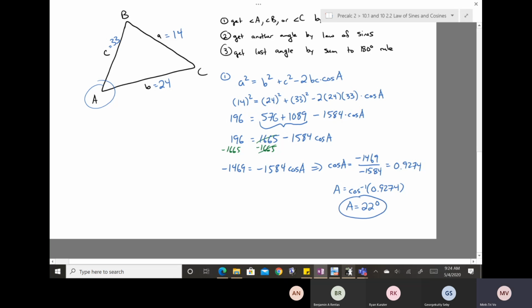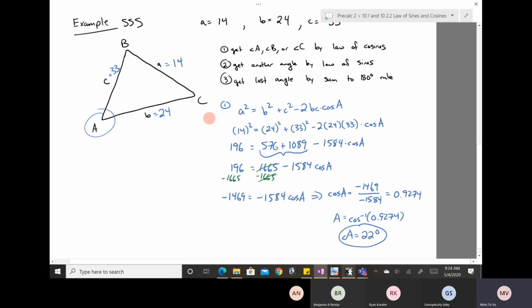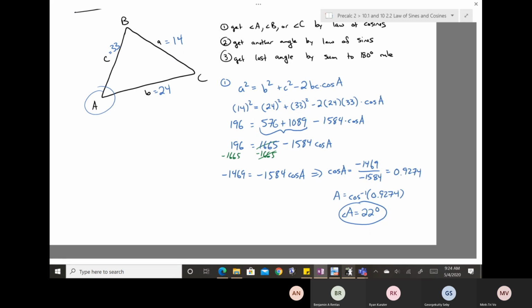Okay, so angle A is 22 degrees. And then now we need to figure out angles B and C. I'm running out of space, so let's just do it over here, right?